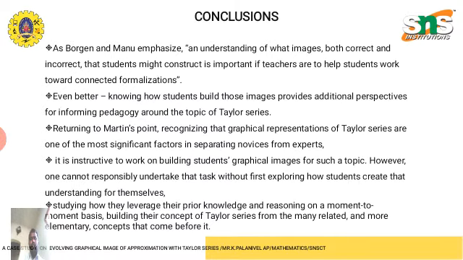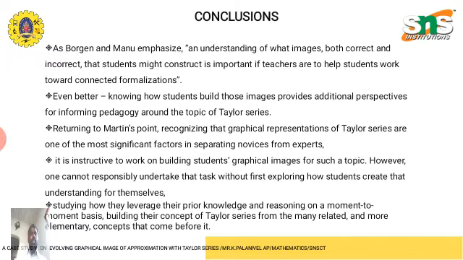Next, the conclusion. Understanding what images, both correct and incorrect, students might construct is important if teachers are to help students work toward connected formalizations.